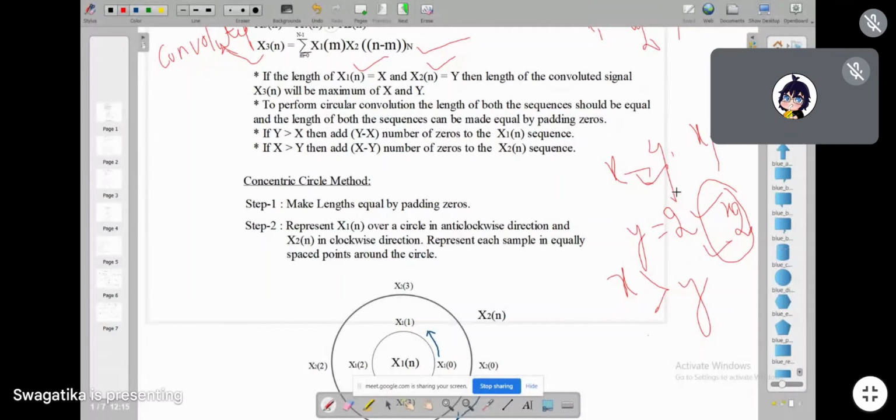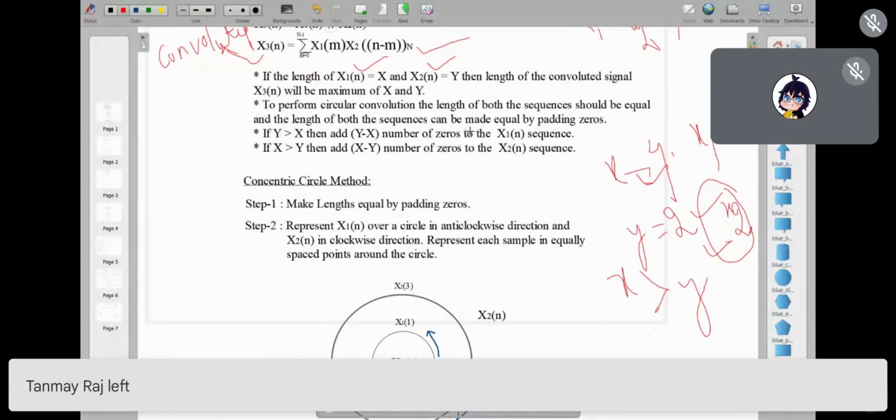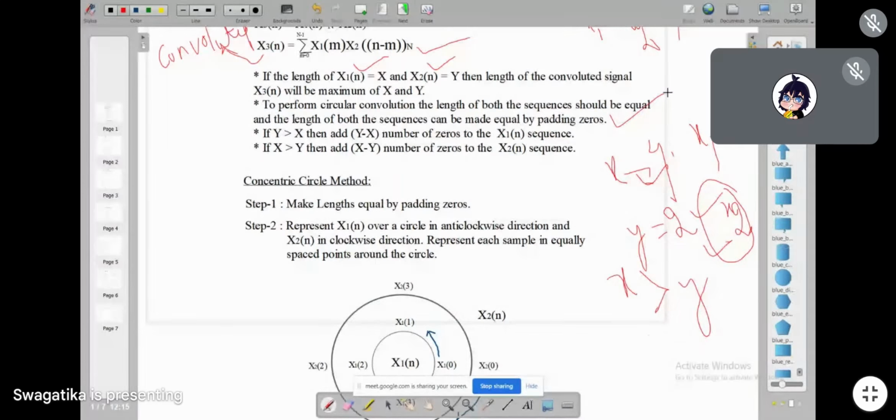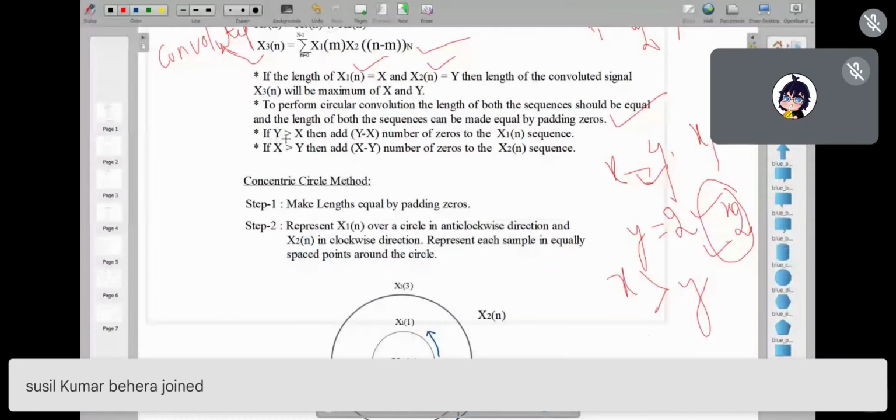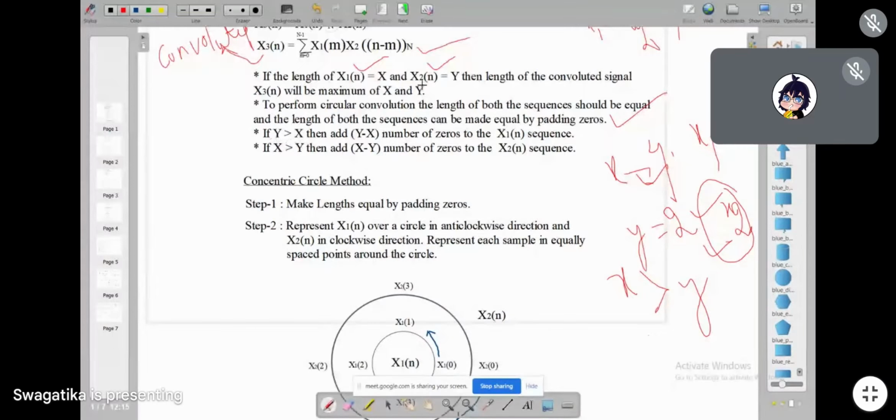To perform circular convolution, the length of both sequences should be equal, and this can be done by padding zeros at the end of the sequence. Let y be the length of x2 and x the length of x1.